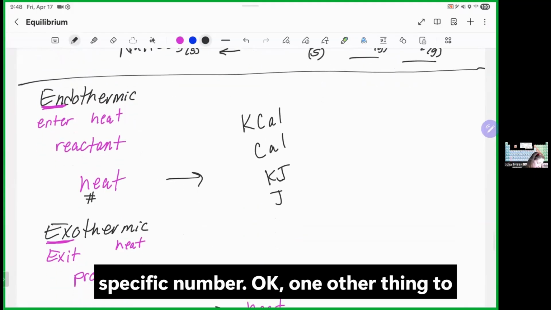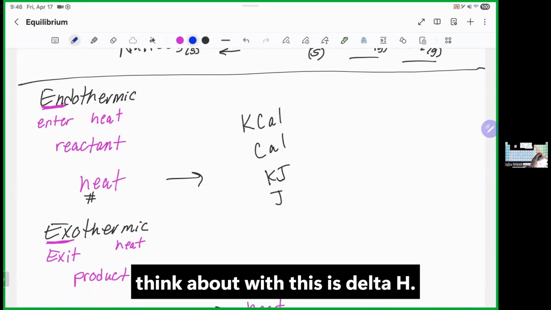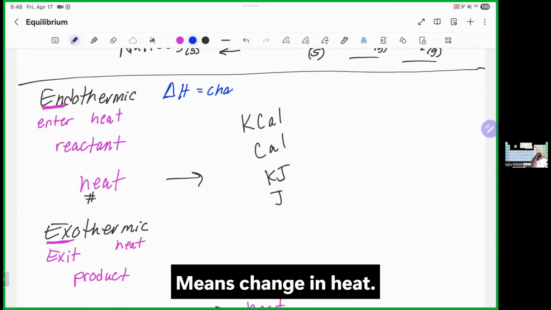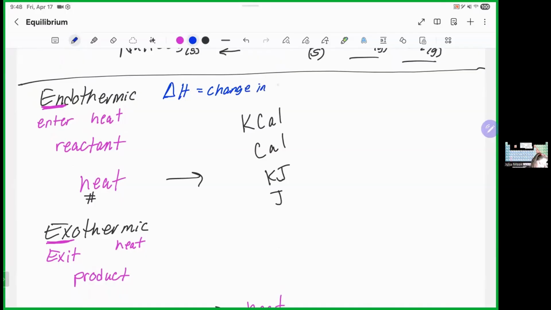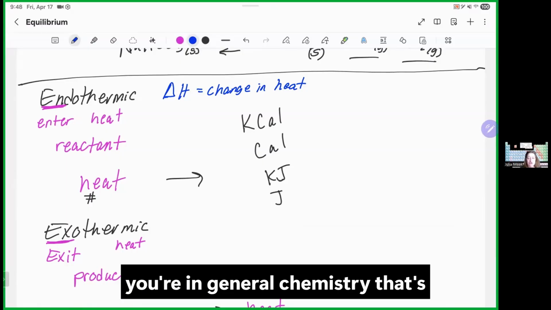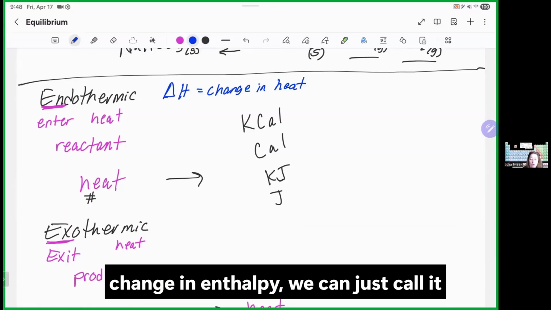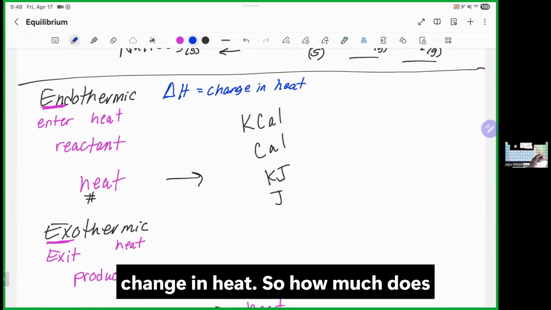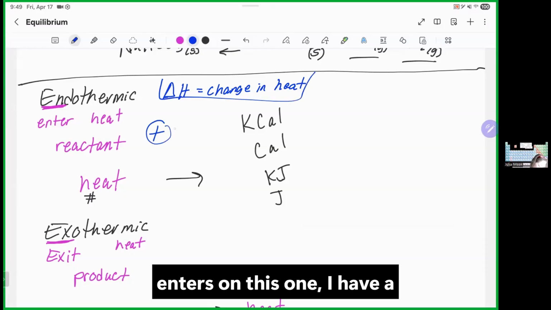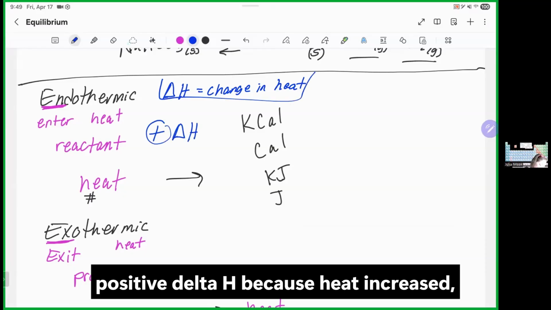Okay, one other thing to think about with this is delta H means change in heat. It's actually change in enthalpy. If you're in general chemistry, that's change in enthalpy. We can just call it change in heat. So how much does your heat change? Okay, so if heat enters on this one, I have a positive delta H because heat increased.